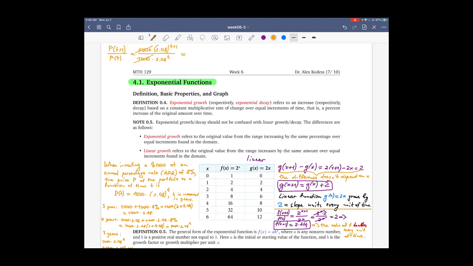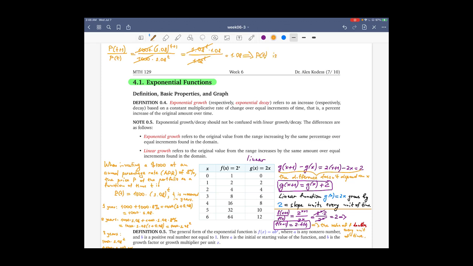In the numerator, I can write 1.08 to the power t plus 1 as 1.08 to the power t times 1.08 again, so the 1.08 to the power t in the numerator and the denominator cancels, and I end up with 1.08. So this already implies that P of t is an exponential function.